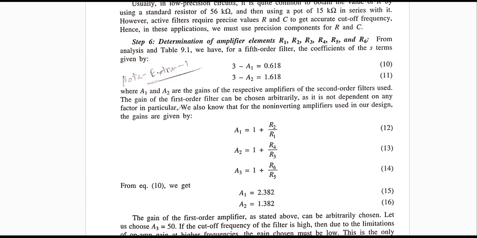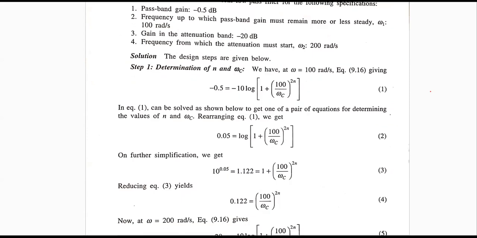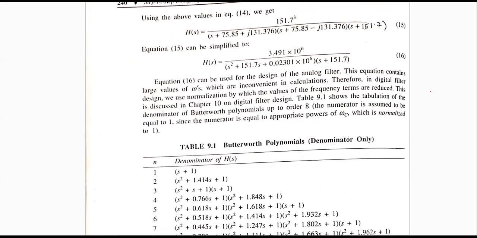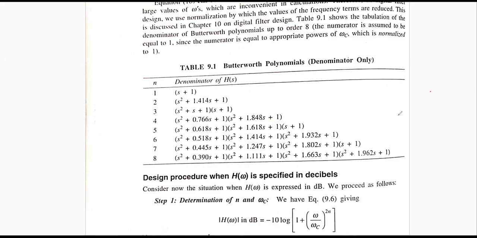However, we can choose the gain equal to 1. Why? If I go back to the transfer function, you'll see that this is S plus 1, so it gives the gain equal to 1.